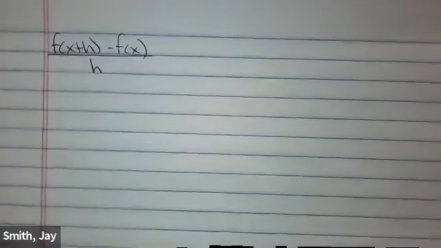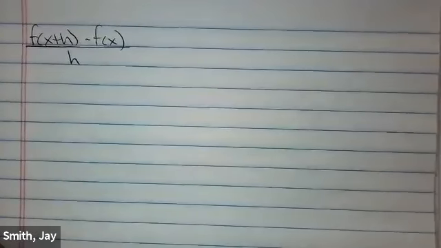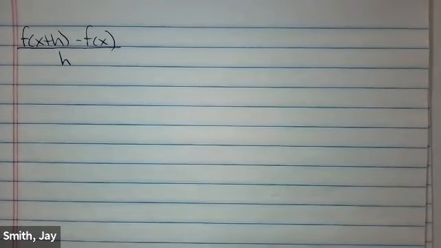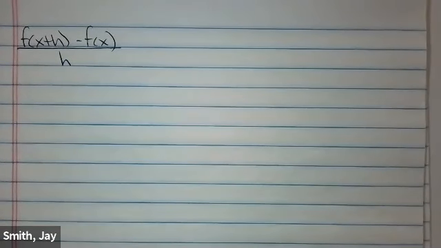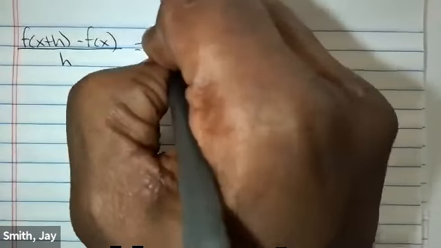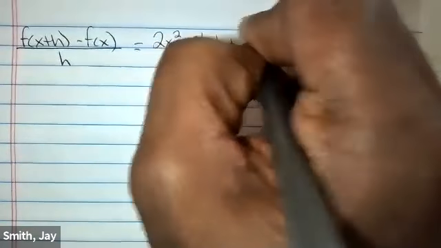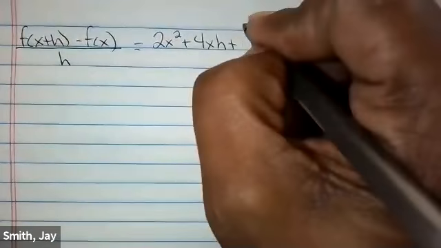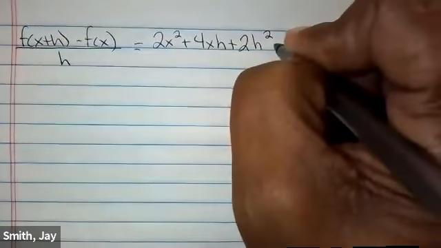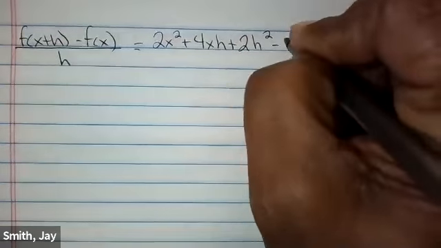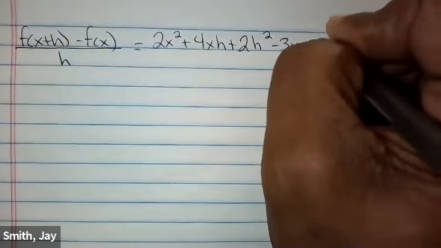And notice that every time I'm working this out, I'm writing it out completely. The more you write it, the easier it is to remember. And eventually you get to a point where you've written it so many times, you don't have to try to remember it, you can't forget it. So we have f of x plus h. Remember that's that polynomial 2x squared plus 4xh plus 2h squared minus 3x minus 3h itself.